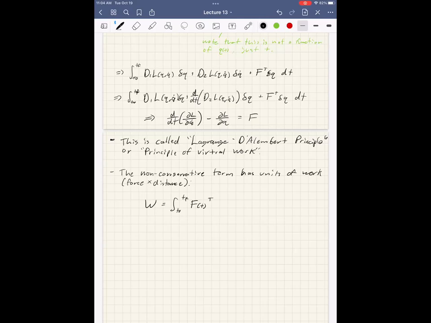It's the dot product of the force with the displacement, and we integrate it up along the trajectory.